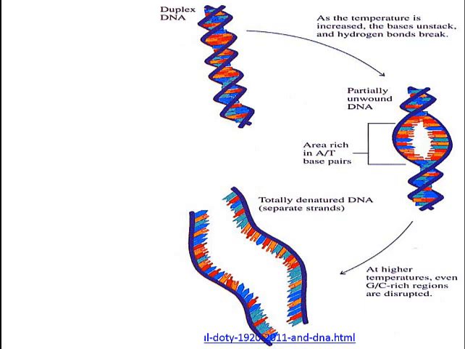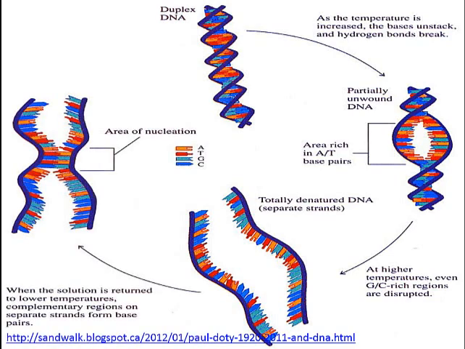At higher temperature, CG-rich regions also separate. When it gradually gets cold, complementary regions come together and base pairing starts. And finally, renaturation is complete.